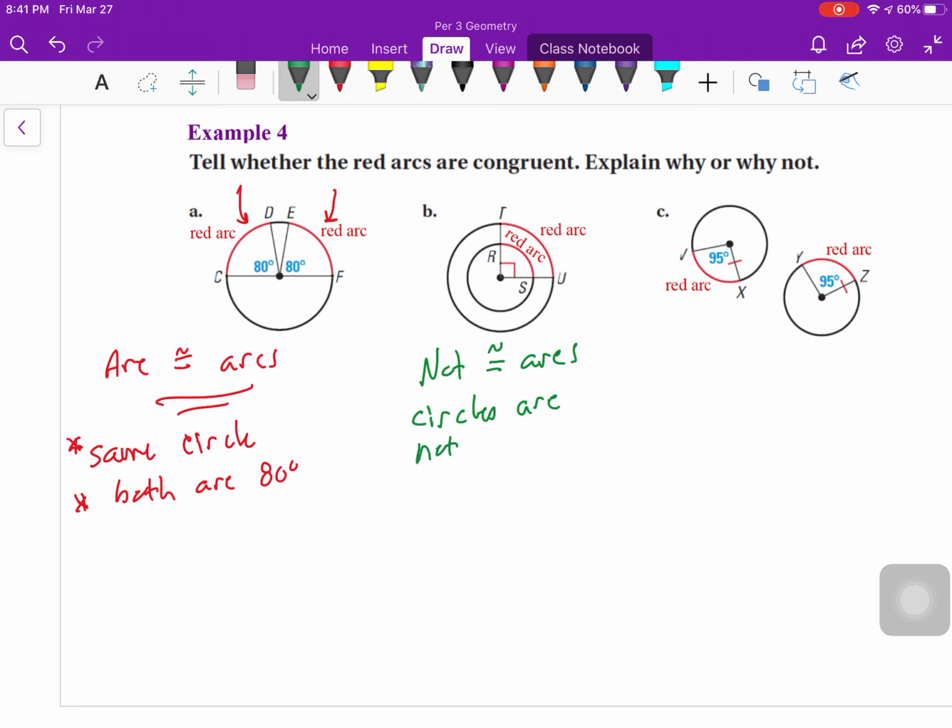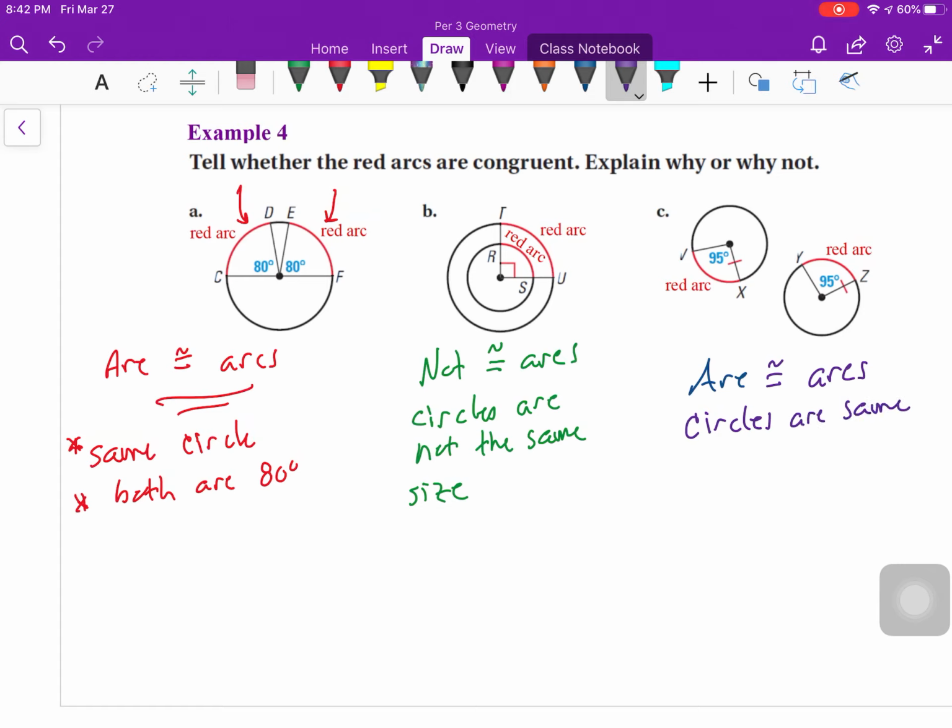And it's because the circles are not the same size. The last one, these once again are congruent arcs.